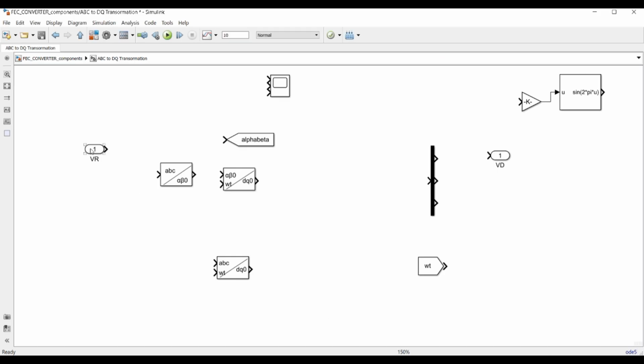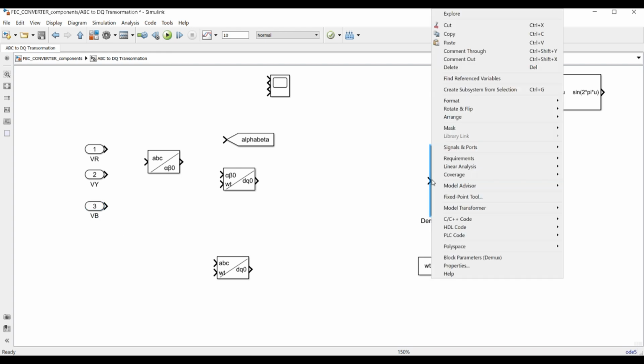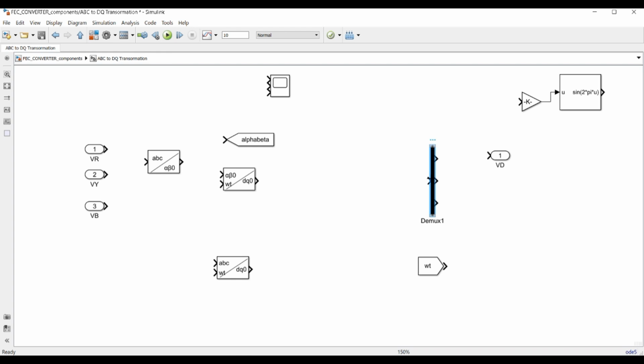Okay, so we will take an ABC to alpha beta block. So I will make VR, VY and VB. This is R, Y and B. I need a Demux over here.